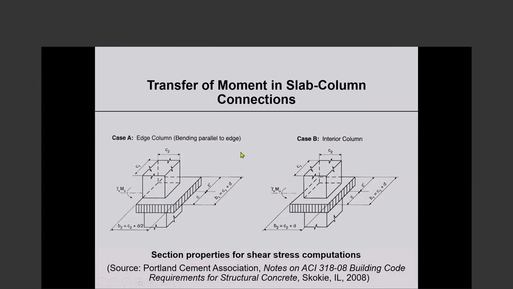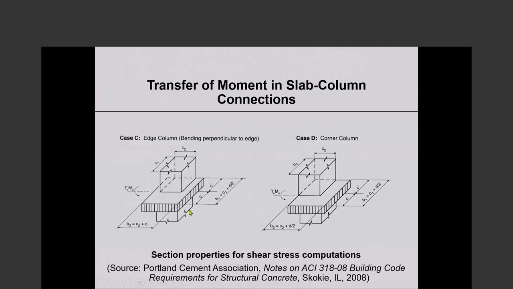Okay, so there are 4 cases that cover almost everything. One is edge column, where bending is parallel to the edge. This picture, I think it is very easy to visually see. Okay, so this is the slab, this is an edge column, and bending is parallel to the edge. Case B is interior column, very simple.